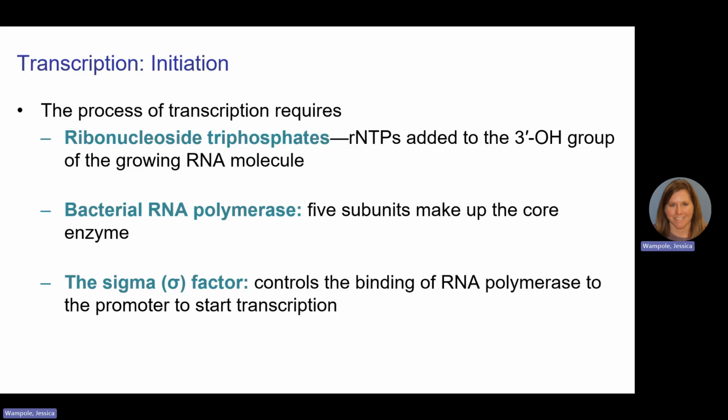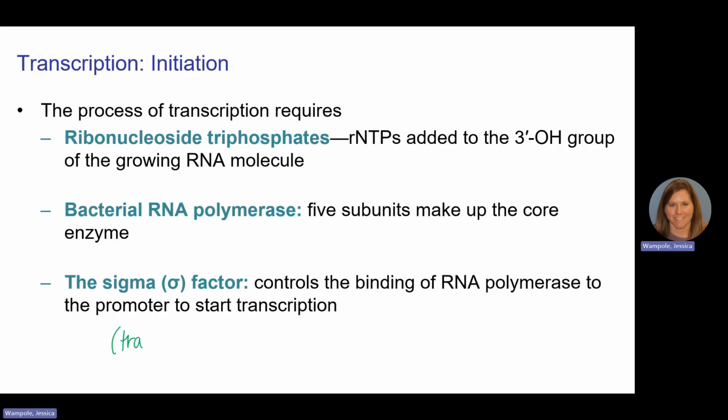RNA polymerase is a really big molecule, just like DNA polymerase is a really big molecule. In bacteria, the RNA polymerase has 5 subunits. The DNA polymerase, remember, was also a real big enzyme. We call these really big enzymes holoenzymes. And then we need something called a sigma factor. In a little bit, we're also going to talk about transcription factors.